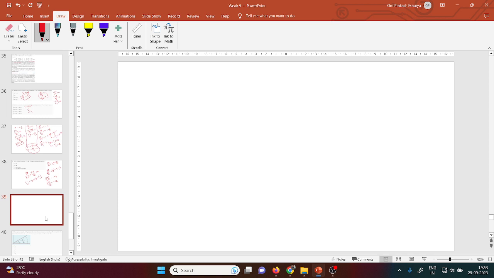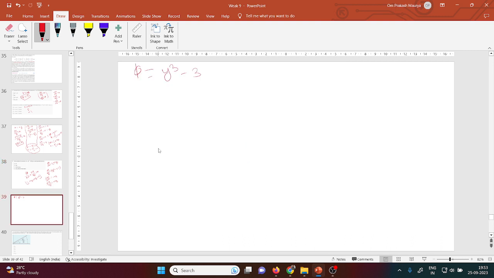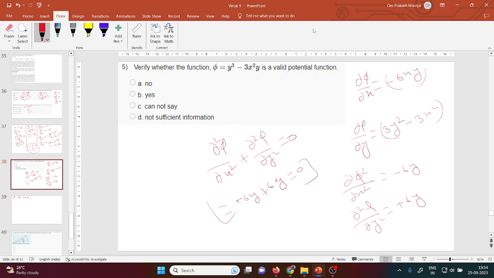So actually what is given is the phi function like this: y³ minus 3x²y. And the question is whether this is a valid potential function or not.